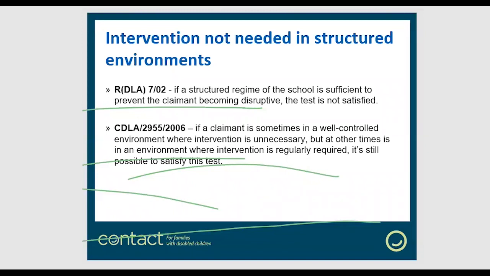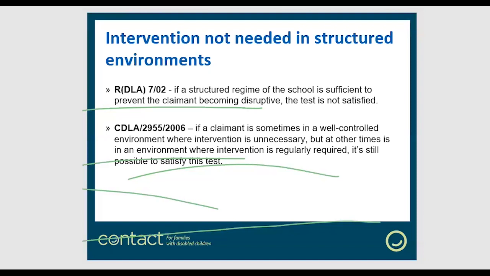Again, as Marion had touched upon, there's quite a lot of disagreement between judges. In some cases, judges have taken the view that if the structured regime of a school, for example, is sufficient to prevent the disruptive behavior from happening, then the test will not be met and the child doesn't qualify. But other judges have taken a different view entirely.